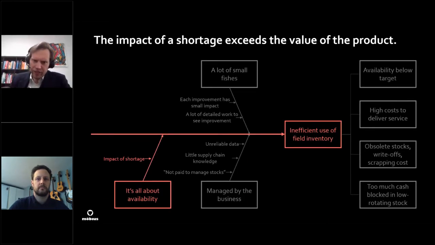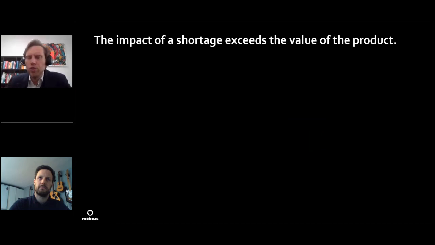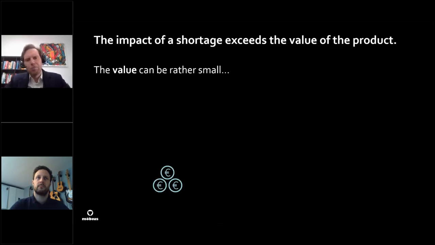Very often, field inventories are very much focused on availability because compared to other inventories, the impact of a shortage exceeds the value of the product itself. So if we look at each part in field inventory, each product in field inventories, the values can be rather small. We often see that each part in itself is not a huge investment.